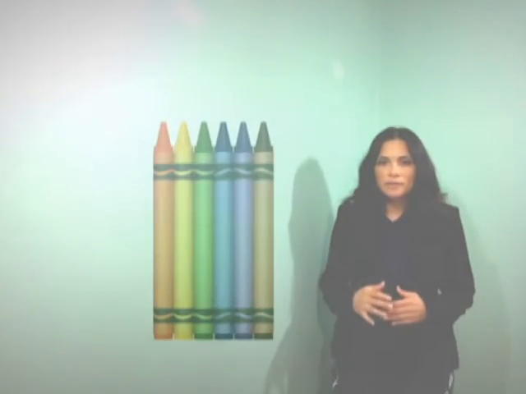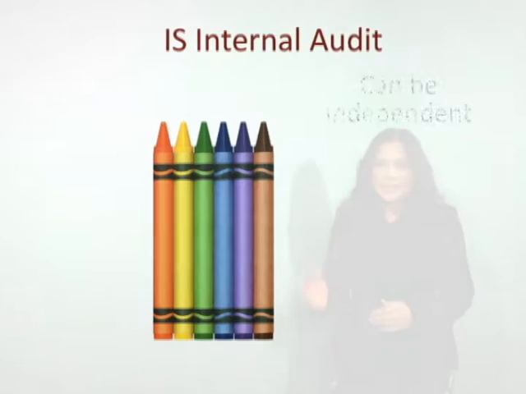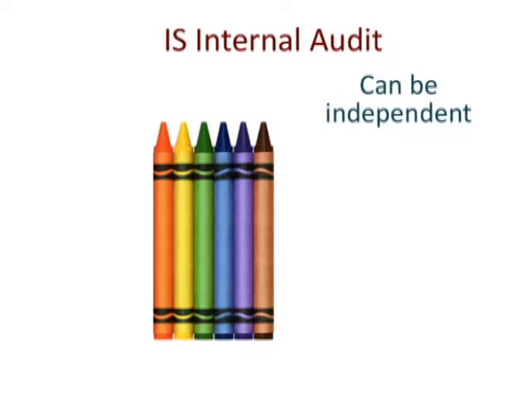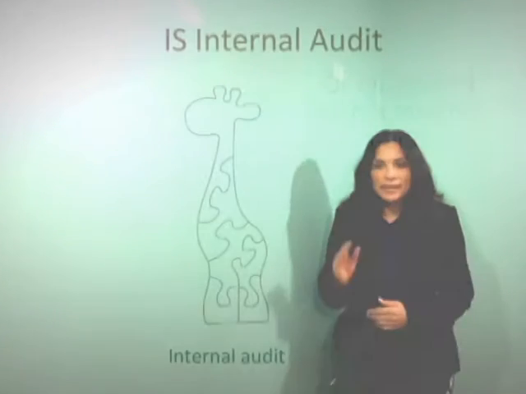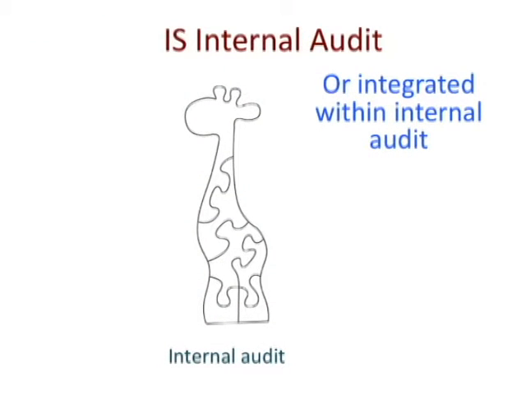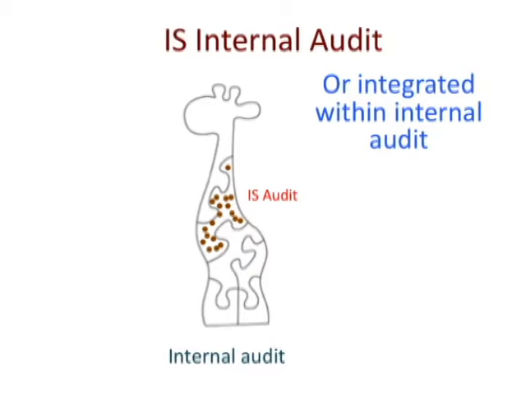The IS internal audit function can be an independent entity within the organization, or it can be integrated within a financial and operational audit function. And if that is the case, IT audit will provide IT-related control assurance to the financial or management auditors. And the audit charter will include IS audit as an audit support function.